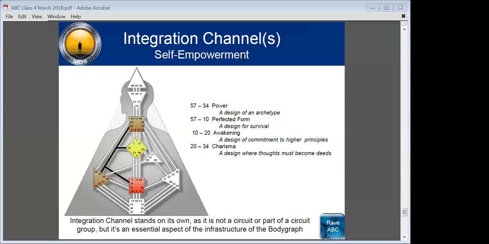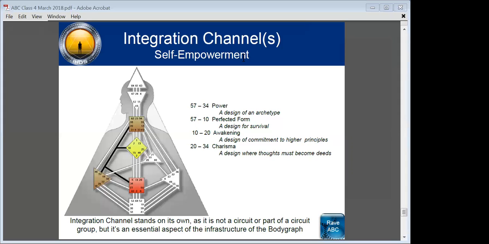So the 34-10 we'll get to next class, Pam, because I'm going to now look at the major circuits, including individual, and we're going to look at the channels with that. I just had a little extra time today, so I started us off with the integration channels, okay?